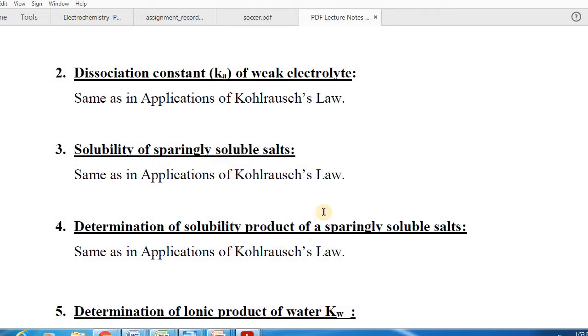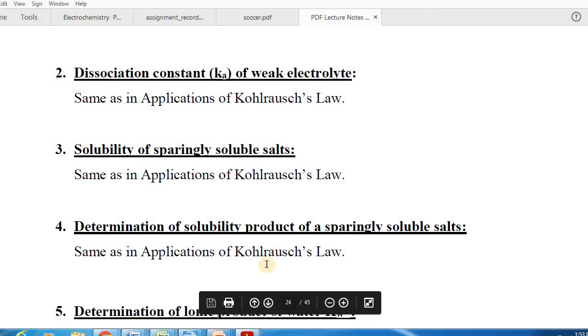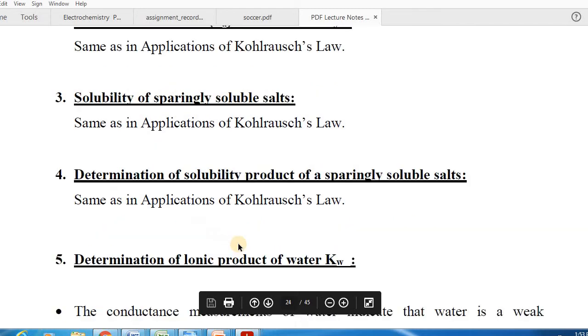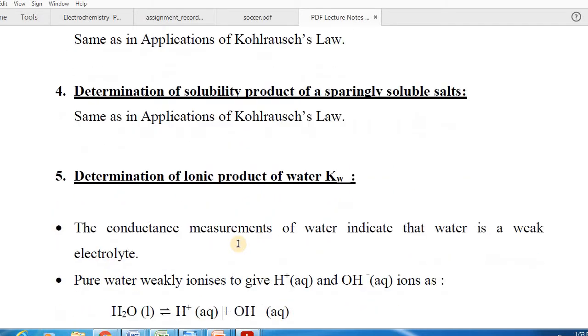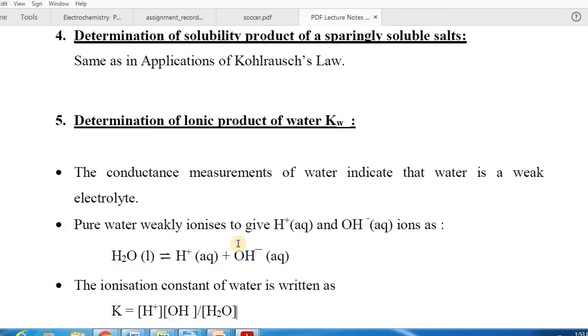Ksp is given by S square in case of simple univalent electrolyte, and in case of some general other electrolytes we have to multiply the number of ions and charge on the ions to get the overall solubility product of a sparingly soluble salt.